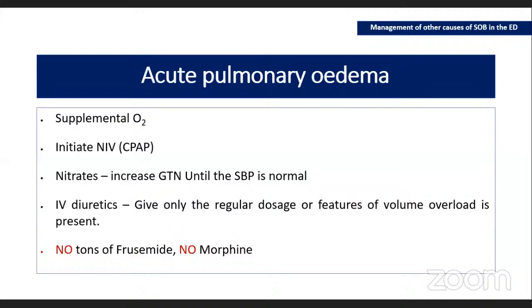Okay, and as we mentioned, no tons of furosemide, no morphine, because morphine is an irrational vasodilator. Therefore, do not give morphine in real acute pulmonary edema. But later on, once your patient is recovering, then you can give a dose of furosemide to expel extra water from the renal system.